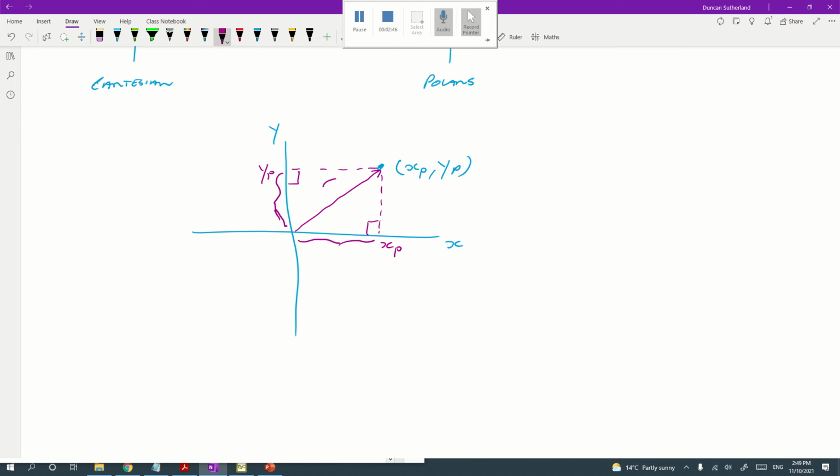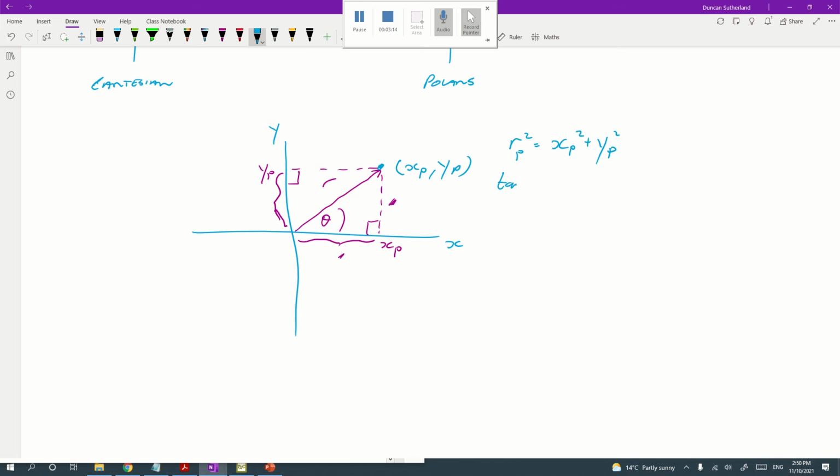So we can compute the radius using Pythagoras' theorem. So we know that r squared equals xP squared plus yP squared. Next job is to compute this angle here. And since we know the opposite side and the adjacent side, we've got a tangent relation.